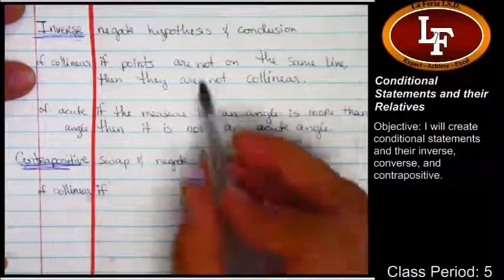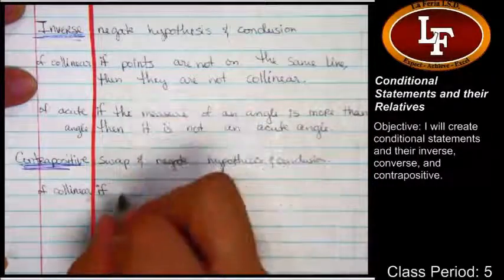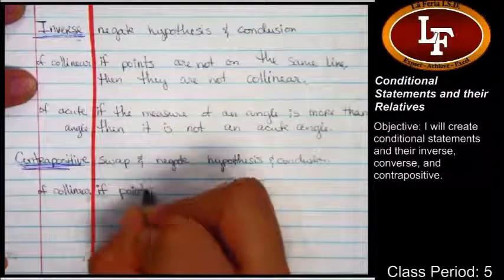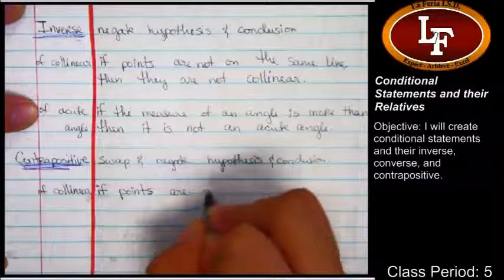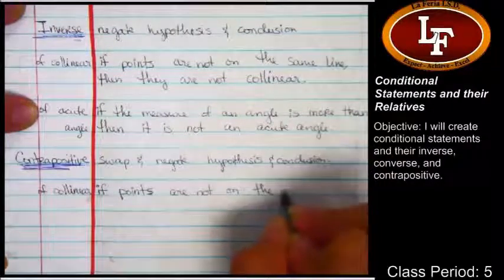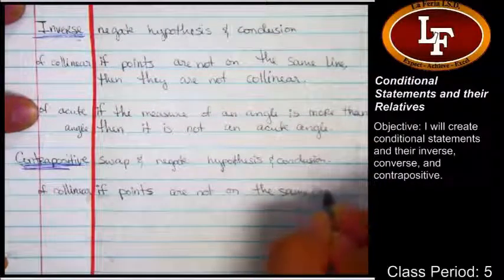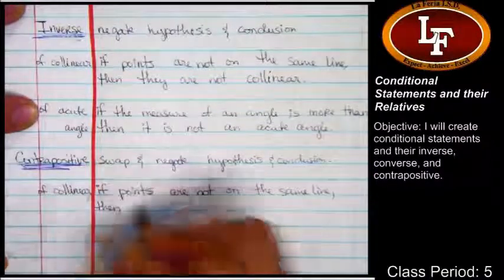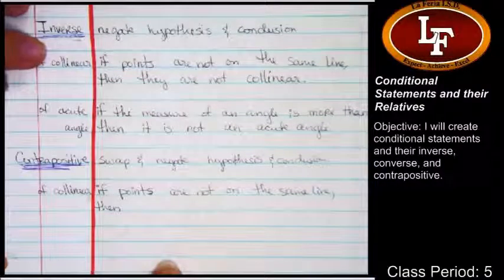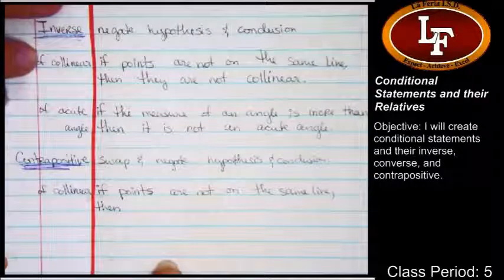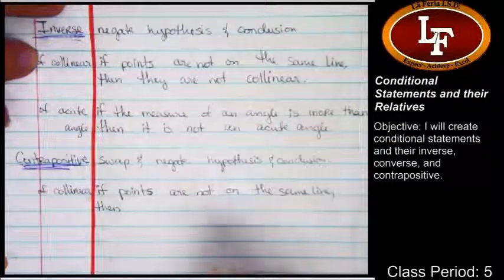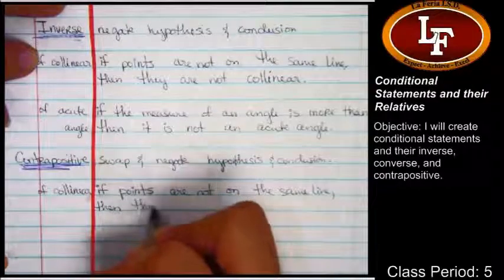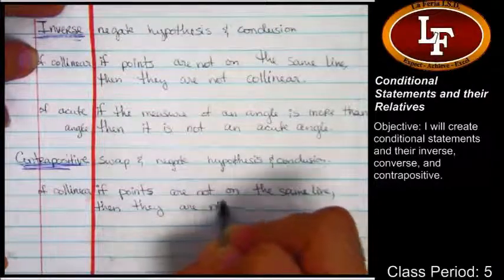So if points are not on the same line, comma, then we're going to do the hypothesis of the inverse. The hypothesis of the inverse was points are on the same line. So we're just going to grab that and write that as our new conclusion.